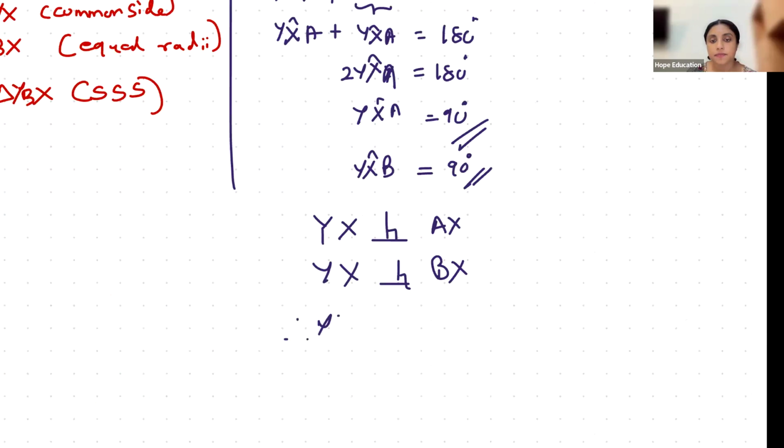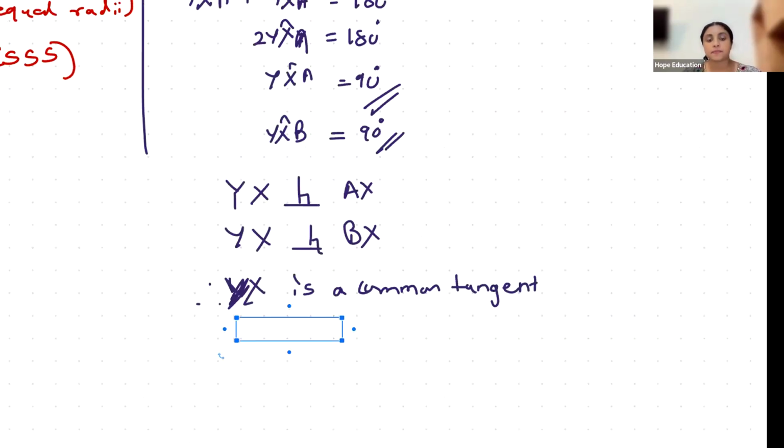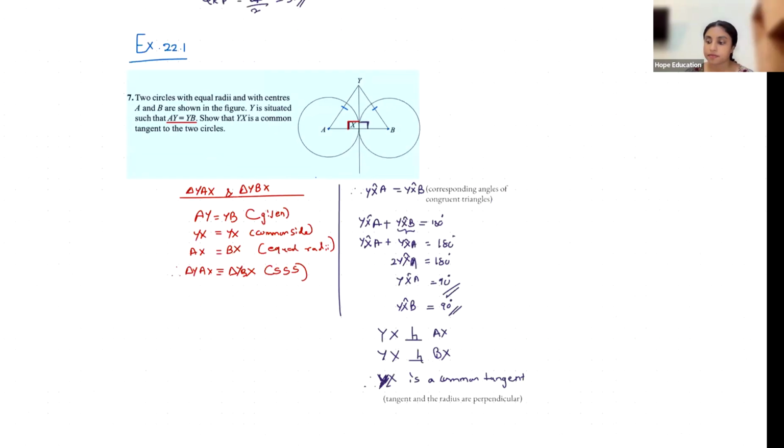I'm sorry for my bad handwriting. I hope it's readable. Within brackets, we'll write the reason: tangent and the radius are perpendicular. Is that clear? Is that clear? Others?